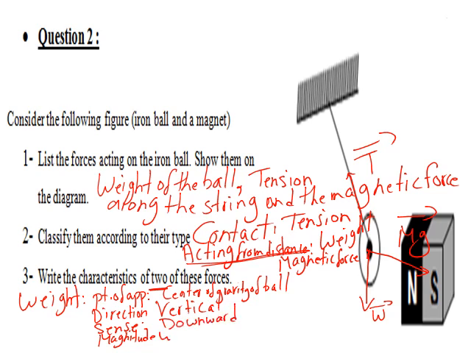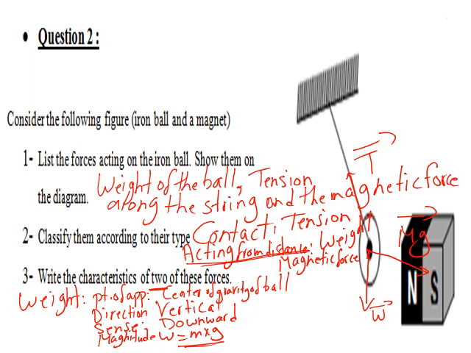And magnitude: W equals m times g, here it's unknown, we don't have the value. Moving to the magnetic force. Point of application, also the center of gravity. The direction is horizontal, toward the magnet. The sense is to the right, toward the magnet, and the magnitude is unknown, we don't have the value of the magnetic force.